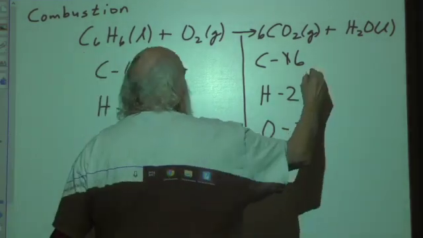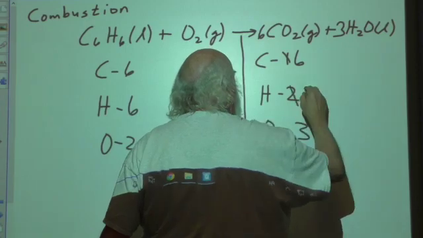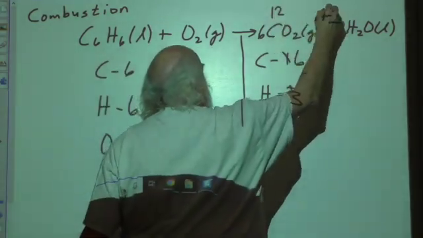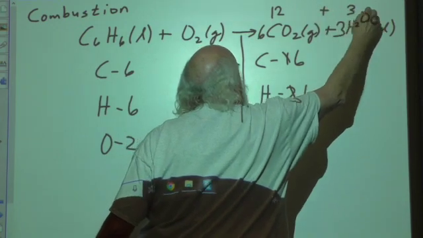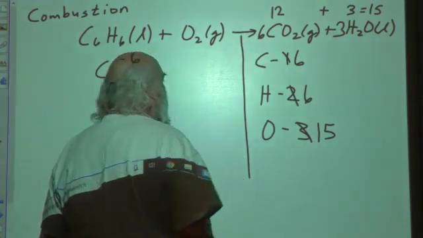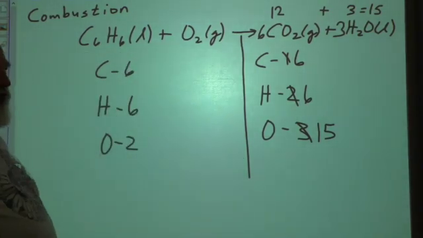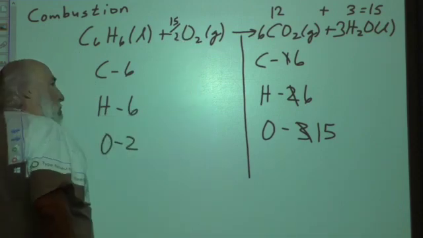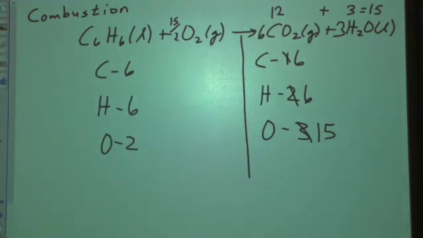So to balance that out, we put a 3 right there. Now we add up. We got 12 oxygens there and 3 oxygens there for a total of 15. That makes that 15. And the number that's going to change 2 to a 15 is 15 over 2. Oh, I hate fractions. That's just too easy. Oh, don't make it so easy, Mr. Campbell. That's awful. Alright, so there you have a combustion reaction.